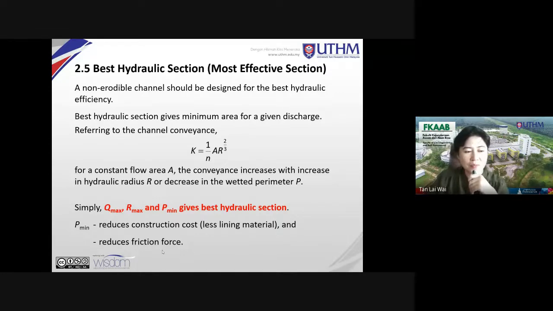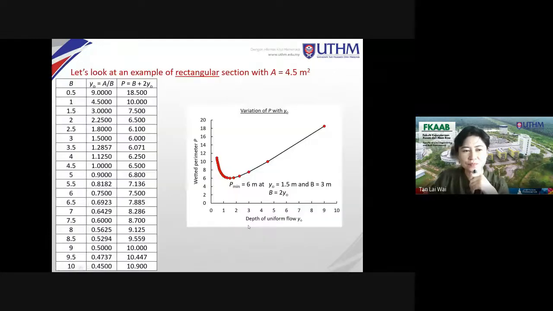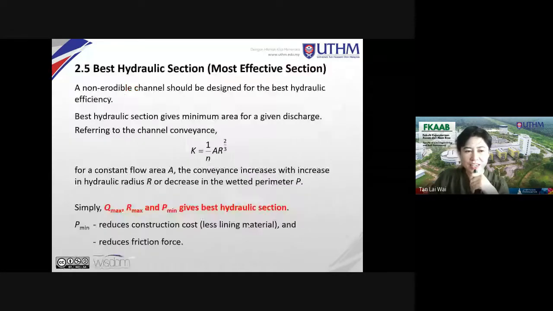Furthermore, since your wetted perimeter or your area of lining is small, it reduces the friction force. So your Q is large, and your velocity increases.